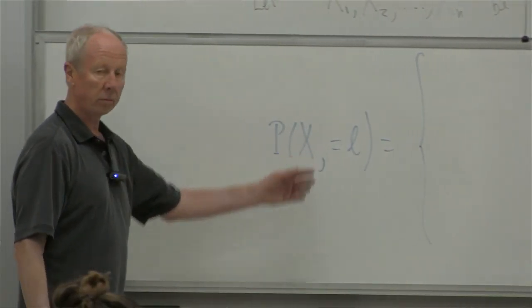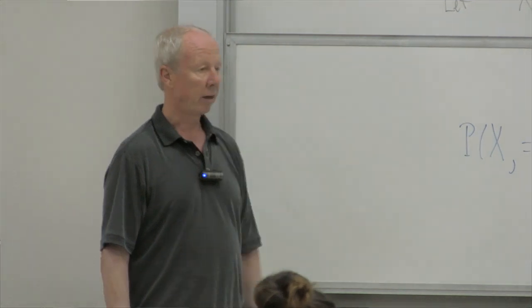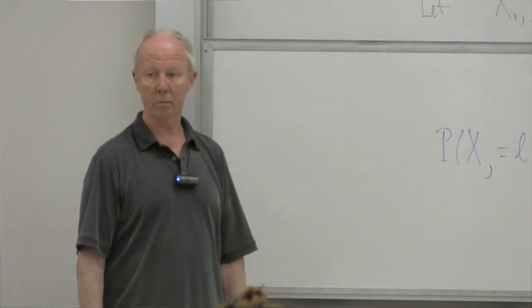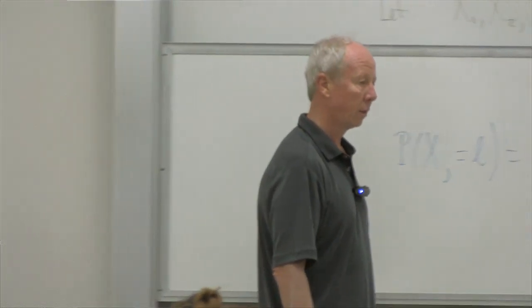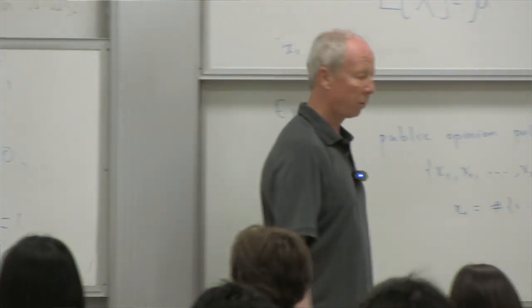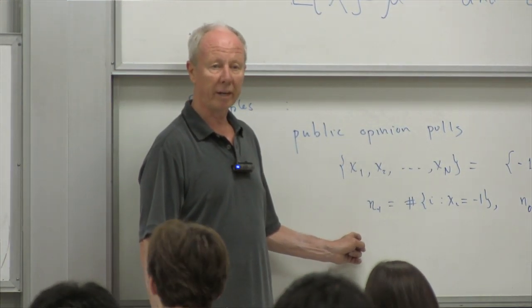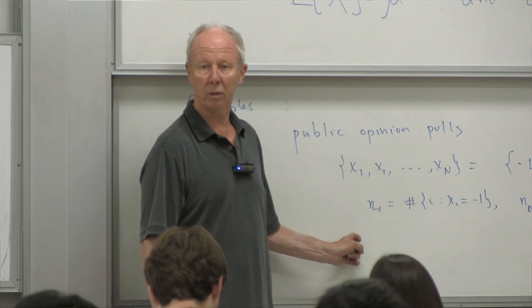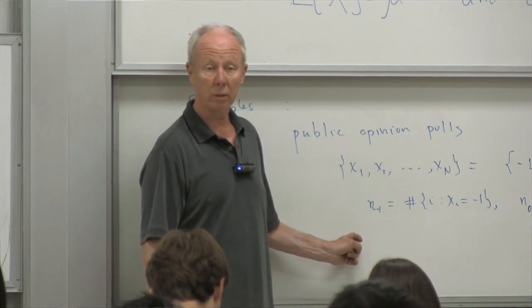What's the probability that the jth individual you picked out is in favor of candidate B? You pick it. Well, what's the total number of people in favor of candidate B? N sub -1, right? N sub -1.